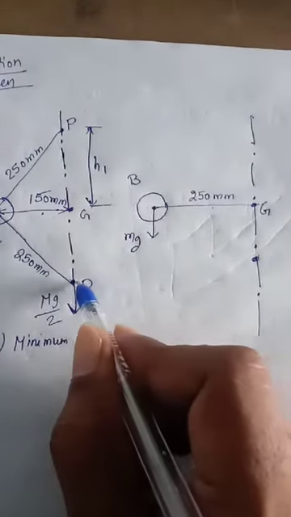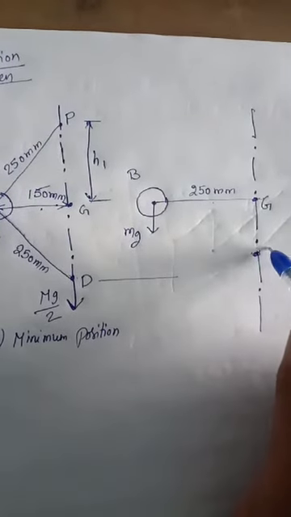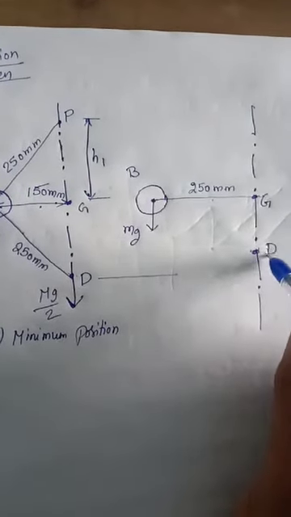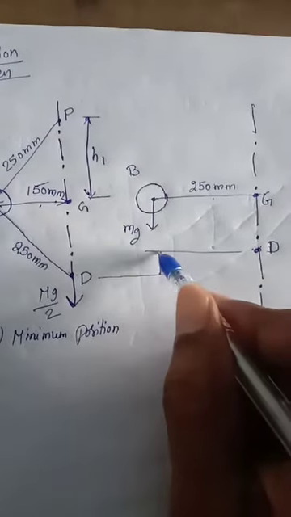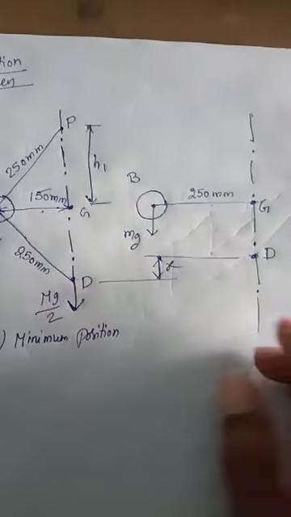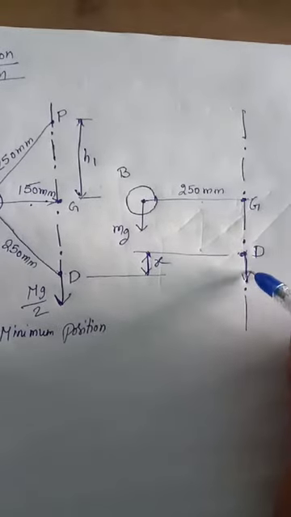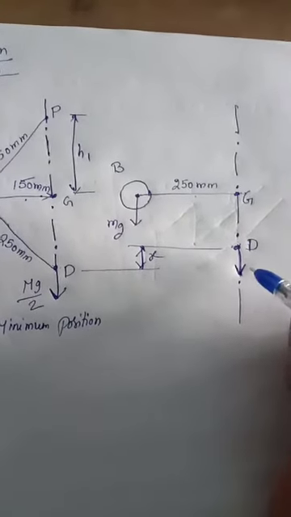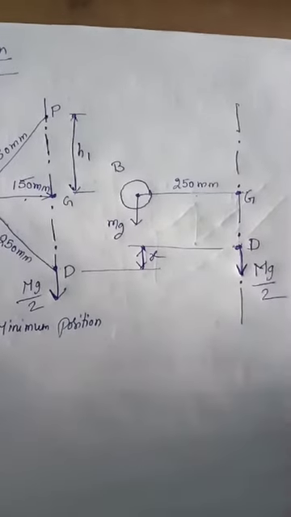Automatically this distance D will increase. This is the sleeve height, that is sleeve height x. And here the sleeve force is capital M g by 2.